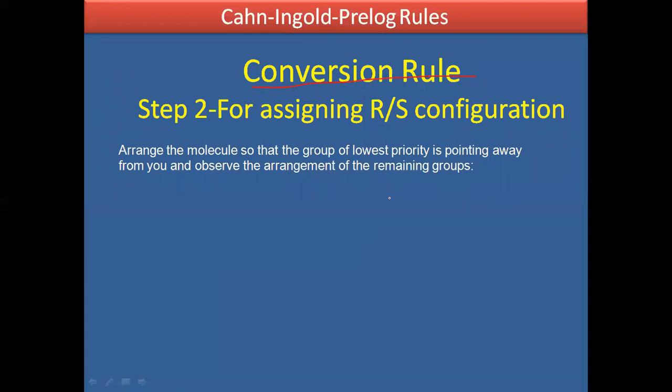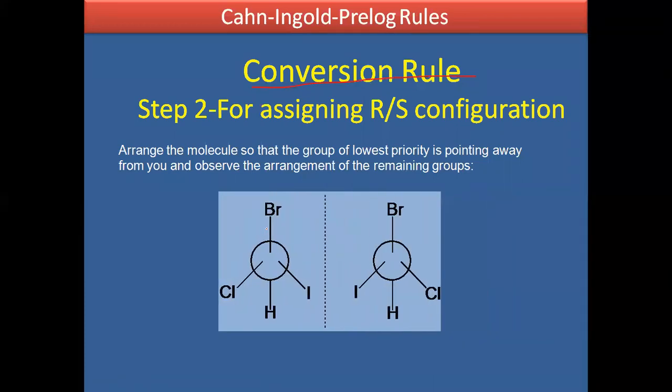So in this conversion rule, arrange the molecule so that the group of the lowest priority, that means the fourth priority group, is pointing away from you, and observe the arrangement of the remaining groups.